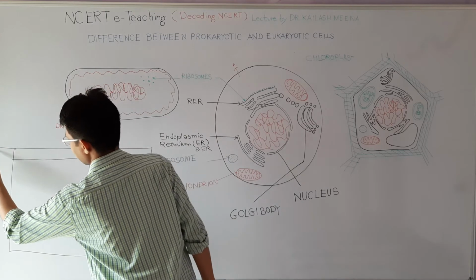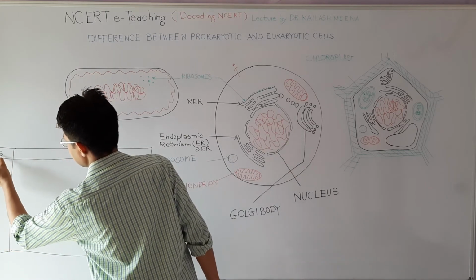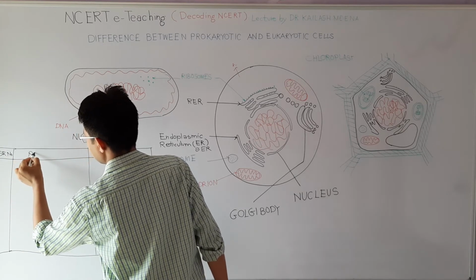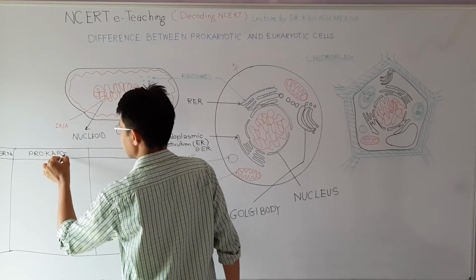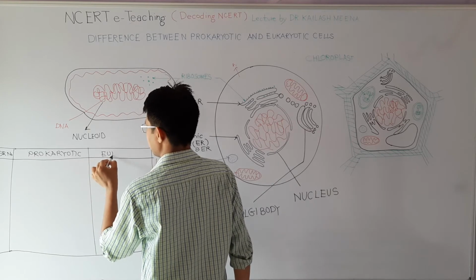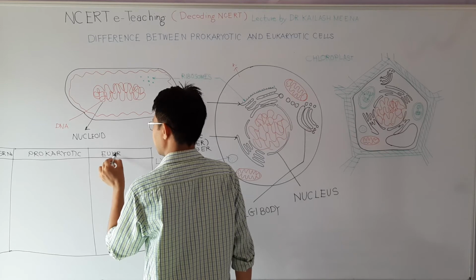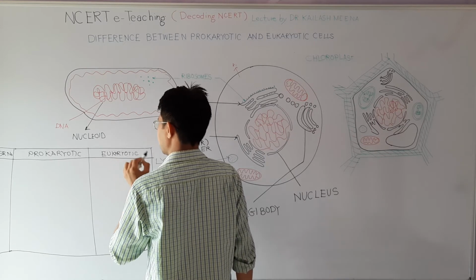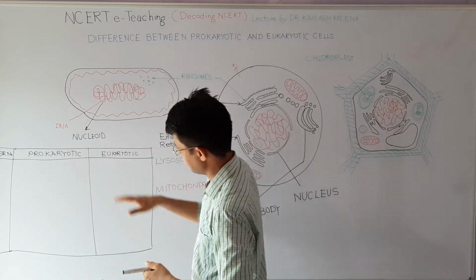You can add one more column, for example this serial number, prokaryotic cell, and eukaryotic cell. Okay, so what will we write in these columns?